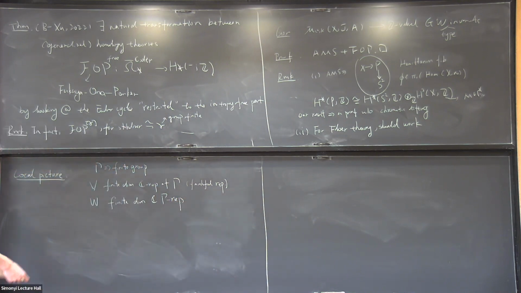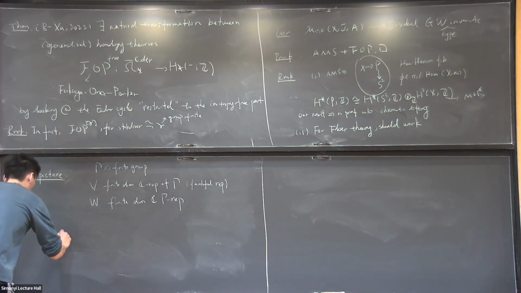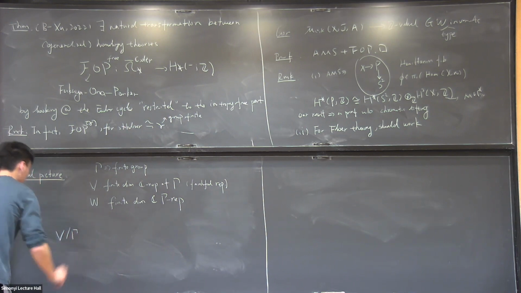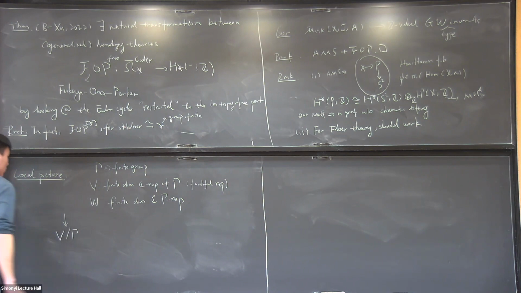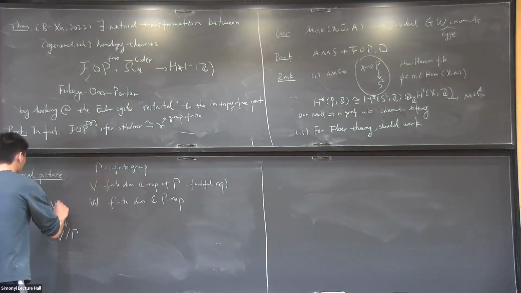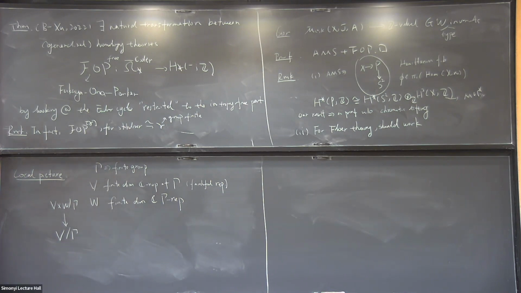So in this picture, our ambient orbifold is the quotient of this vector space by this linear action, and our vector bundle would be the induced orbibundle given by this equivariant vector bundle. So this is a local picture of what we want to do.